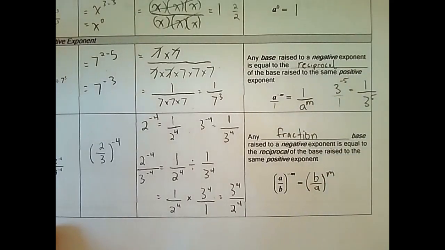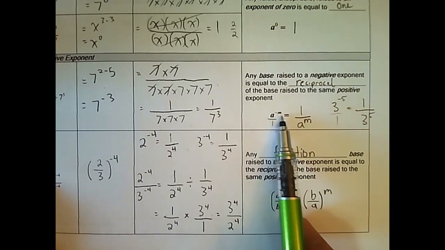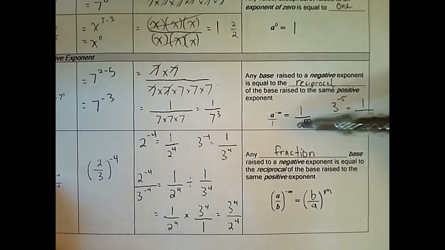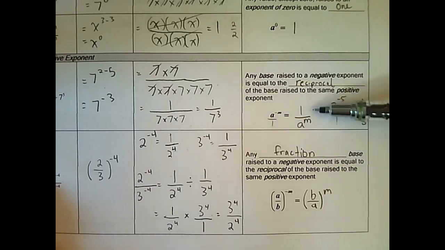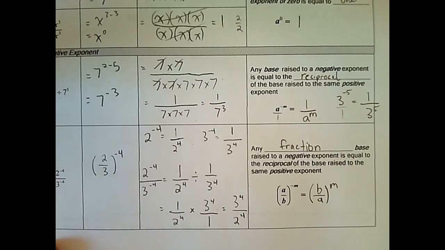So if I have a negative exponent with a fraction, I just flip the fraction and then make the exponent positive. And if I have a negative exponent with just a whole number, remember that's still over 1, so I'm just going to flip it and then change the sign of the exponent again. So let's get to some examples.